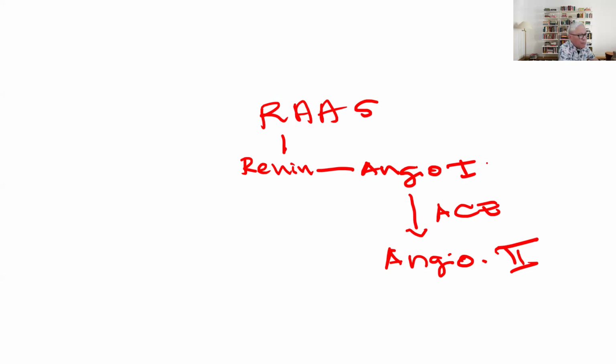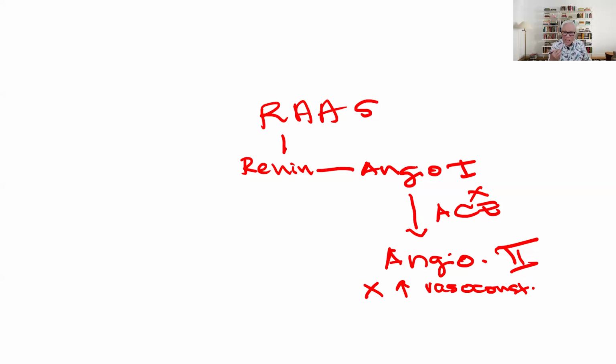So these are the medications that are going to stop this one, okay? So you're not going to have angiotensin 2. If you're not going to have angiotensin 2, then you will not have vasoconstriction, and therefore, you will not have the release of aldosterone as well.